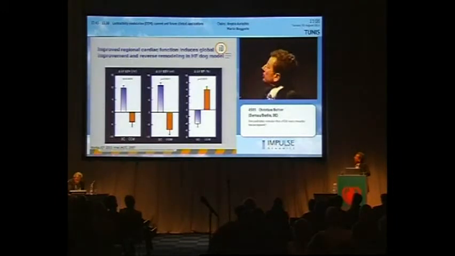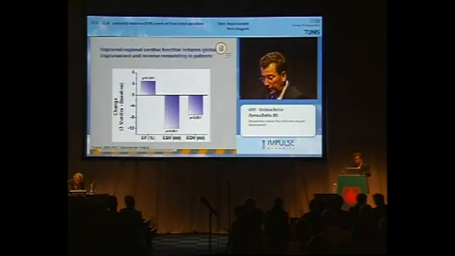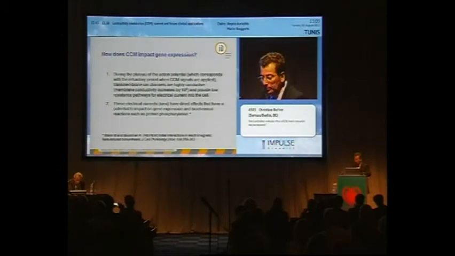You see an increase of ejection fraction on the right bar and a reduction of end diastolic and systolic volume. Those data have been supported by human data by the working group of you in 2009, published in JACC Cardiovascular Imaging, which directly moves in the same direction.